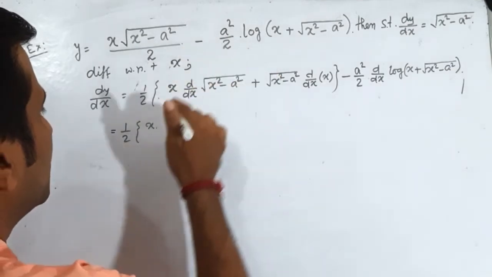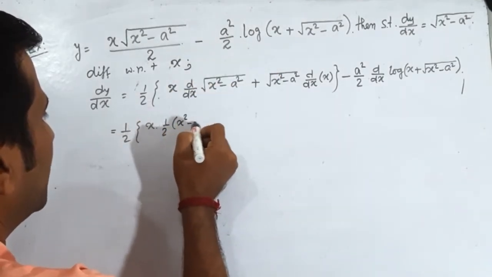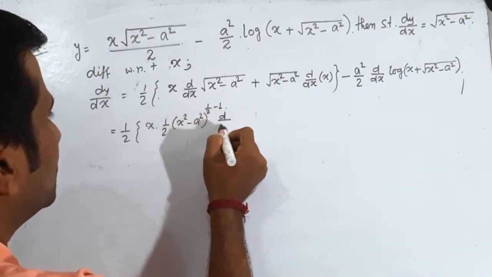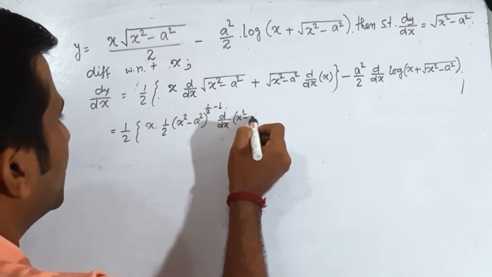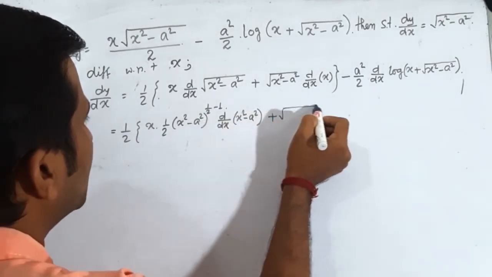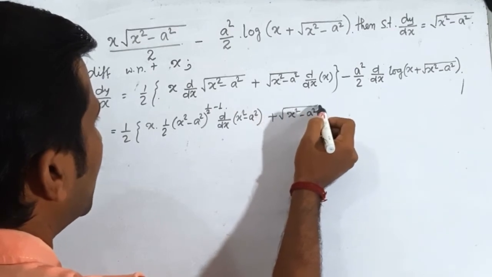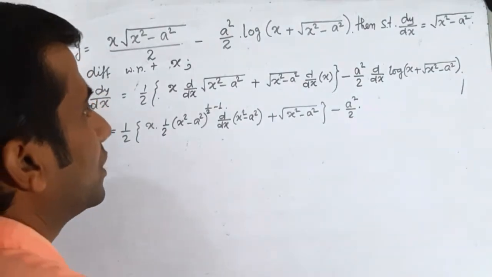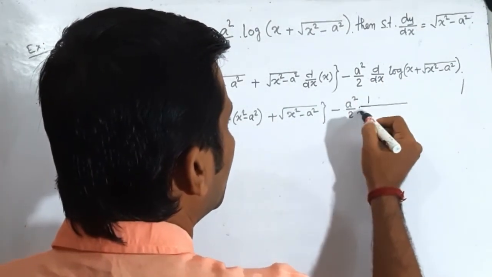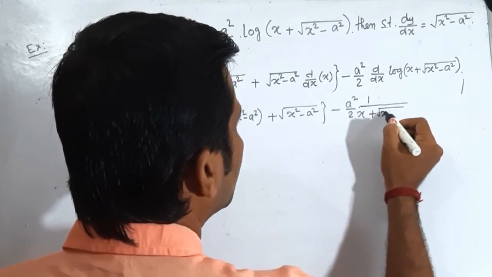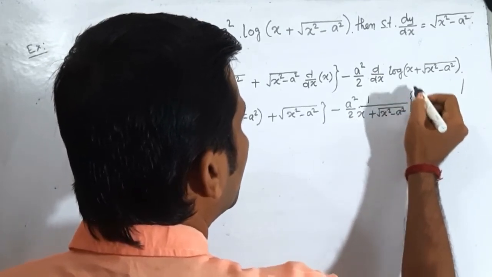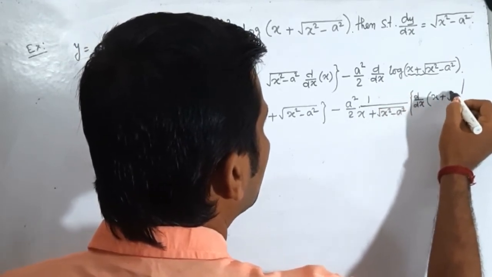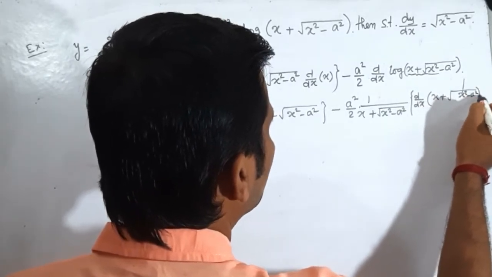This is (x² - a²) whole to the power half, so by the x^n formula, half (x² - a²)^(half - 1) into d/dx of (x² - a²), plus root(x² - a²), minus (a²/2) into 1 by (x + root(x² - a²)) and d/dx of x + root(x² - a²).